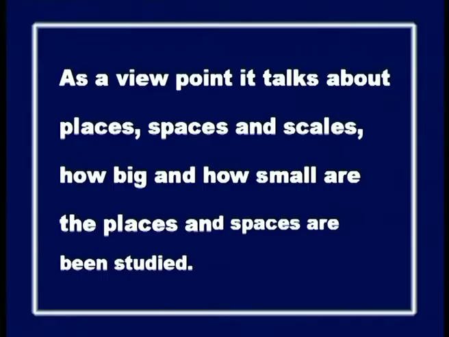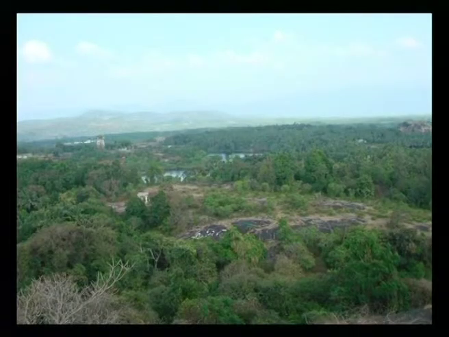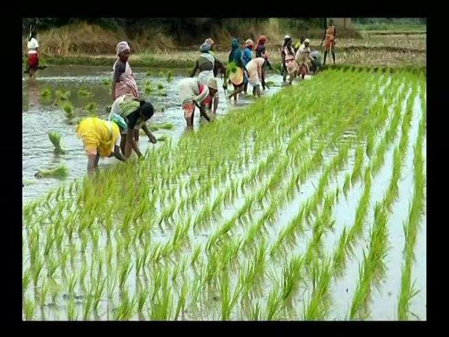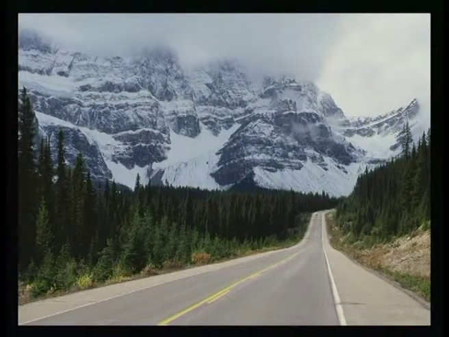So let's talk about a dichotomy as a viewpoint, as a synthesis, and as a representation. As a viewpoint, it talks about places, spaces, and scales, how big or how small are the places and spaces that we study. As a synthesis, we look at physical subfields and human subfields, and also human physical interaction.